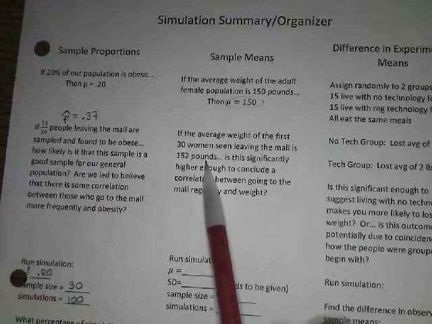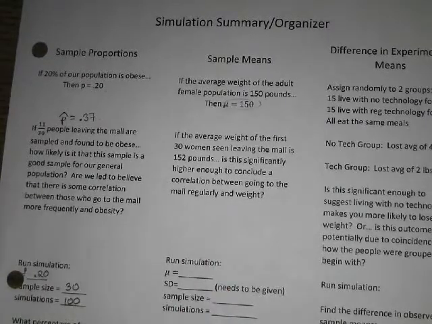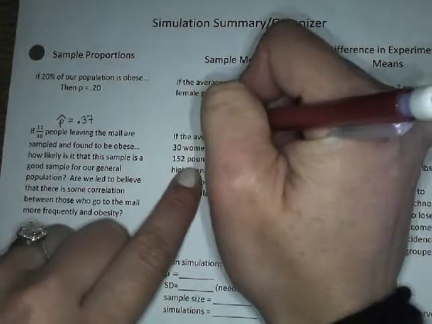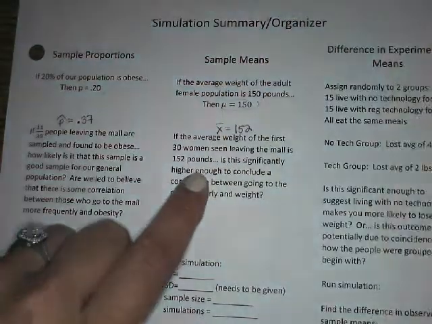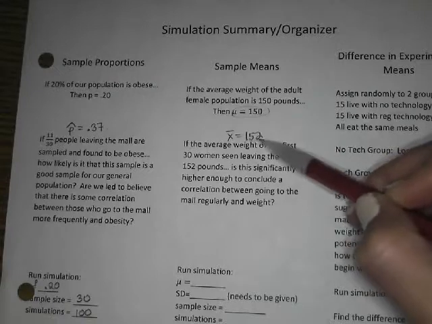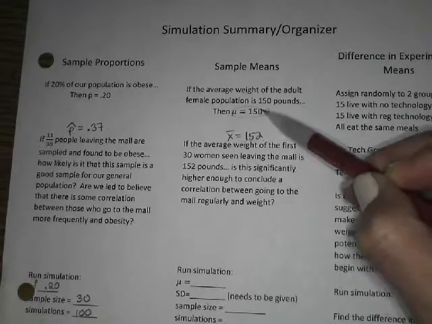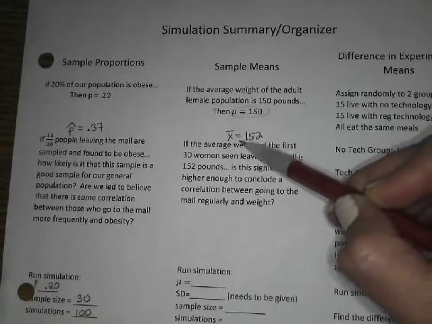So the average weight of those people is 152 pounds. So my X bar is 152. Population mean, sample mean. My population's average weight is 150. My sample's average weight is 152.